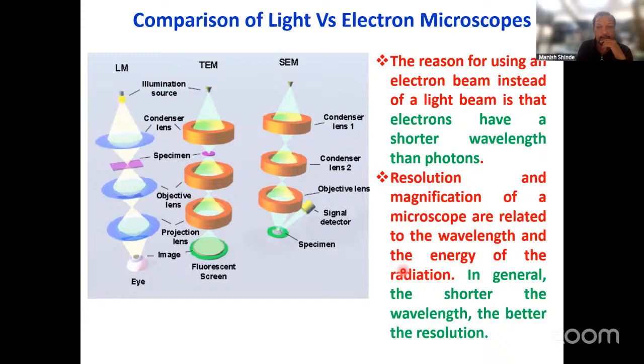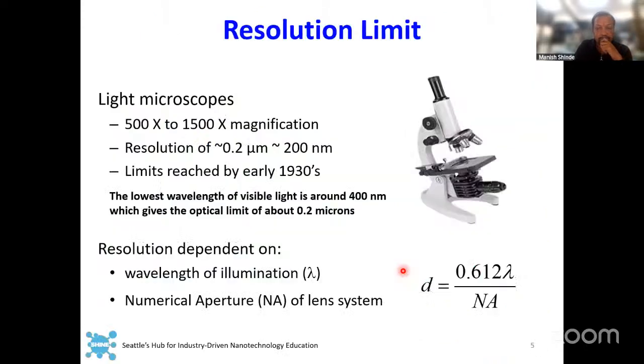It is based on this formula. The numerical aperture of the lens system depends on the wavelength. The smaller the wavelength, the smaller the numerical aperture, and you get better resolution.